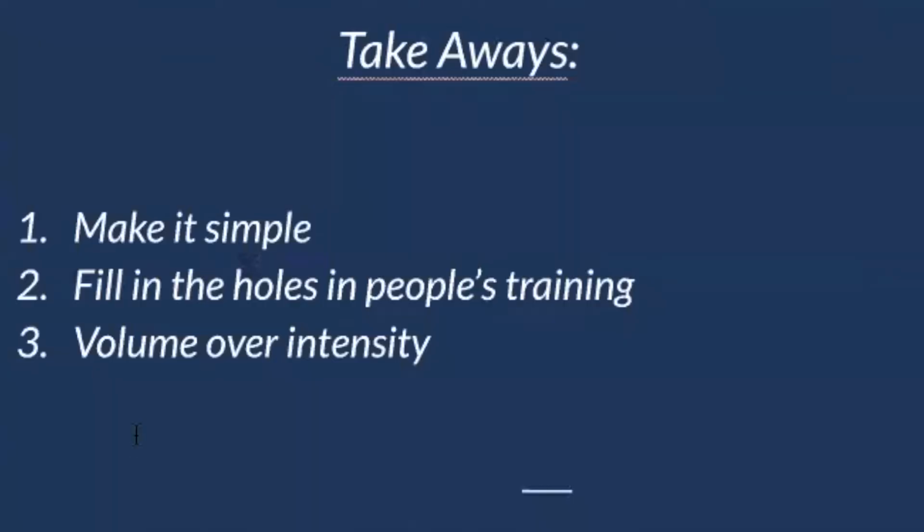The takeaways I had were: you make it simple, and you fill in the holes of people's training. Make it simple, okay? People have a tendency of making exercise, corrective exercise, or loaded movements too complicated, in my opinion. It doesn't have to be.